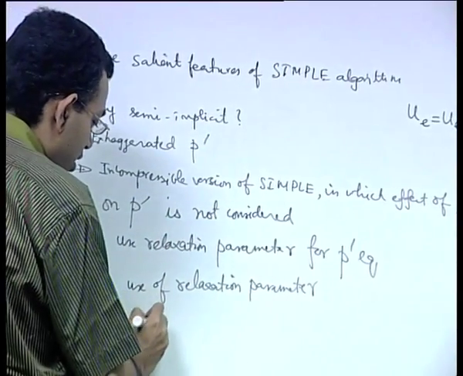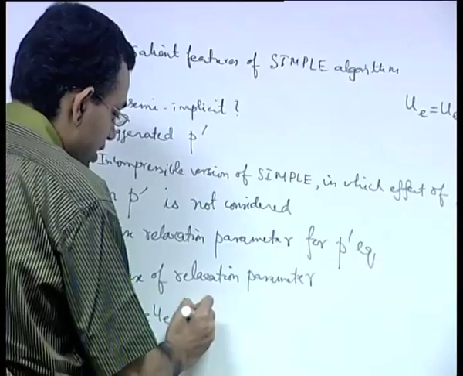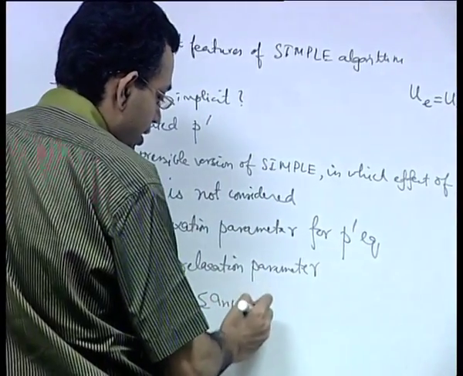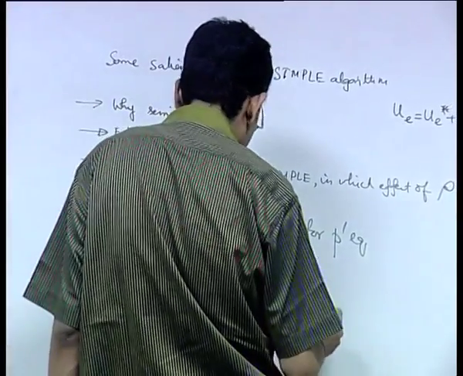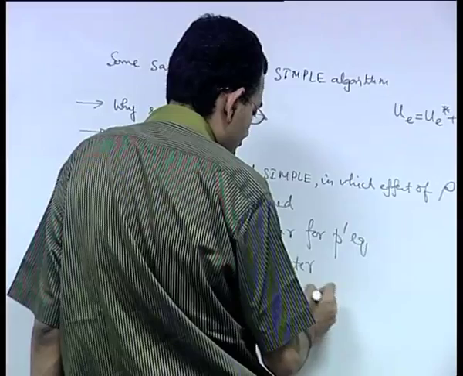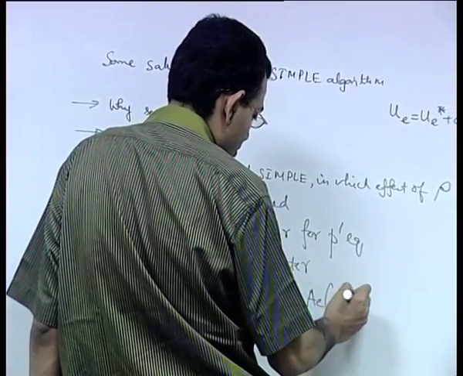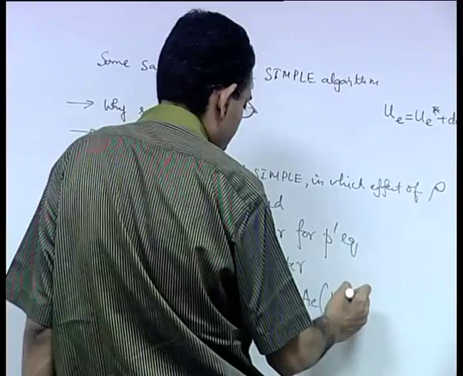So, aE uE is equal to sigma aNB uNB plus b plus AE into (pP minus pE).